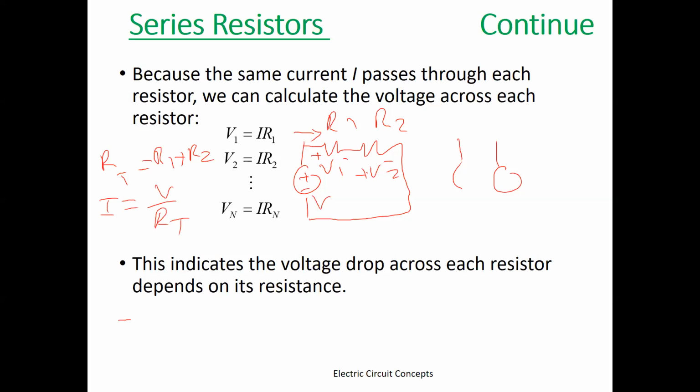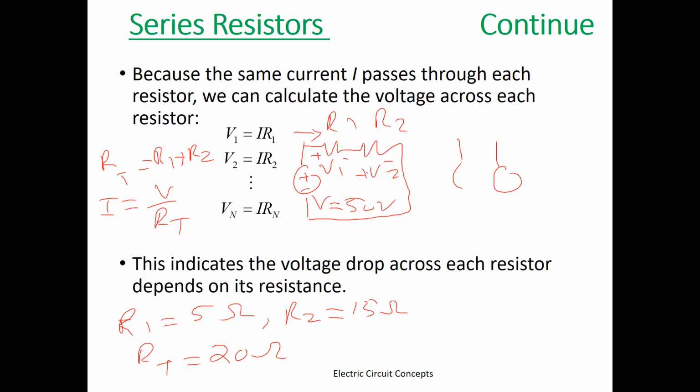Let's assume V is equal to 50 volts, R1 equals 5 ohms, and R2 equals 15 ohms. We need to find RT, which is R1 plus R2, so 5 plus 15 is 20 ohms.